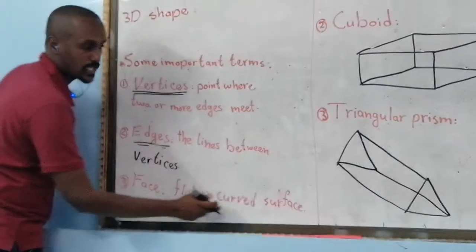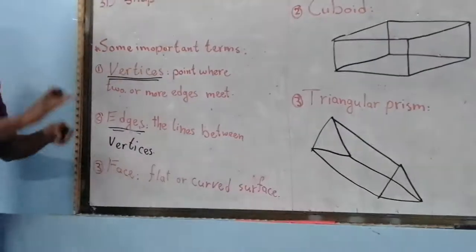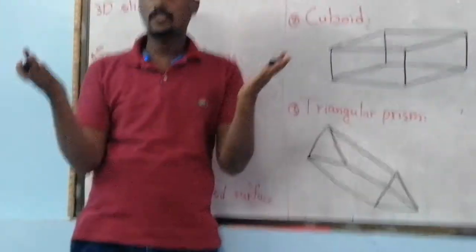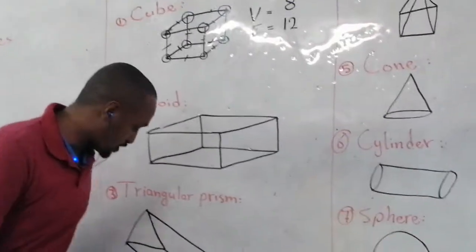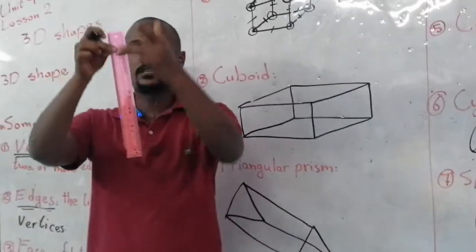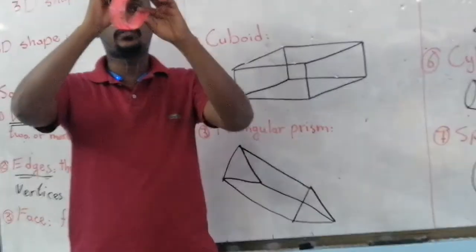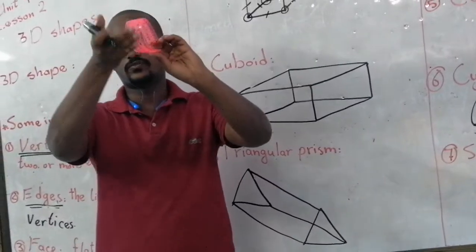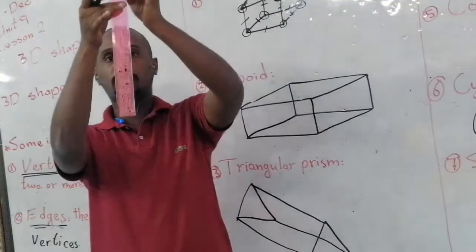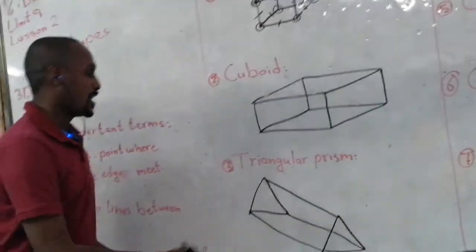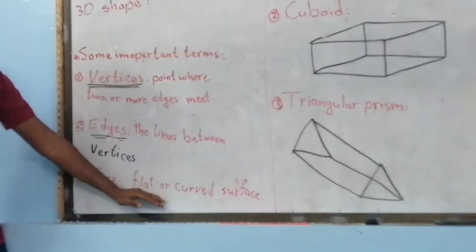The faces are the flat or curved surfaces. Sometimes the face is flat, like for example the ruler. Sometimes it's curved. Look, this is curved, and this, when you look at it like that, is flat. So the cube has all flat faces.